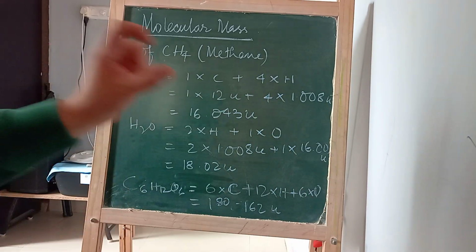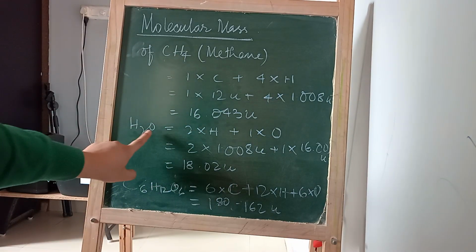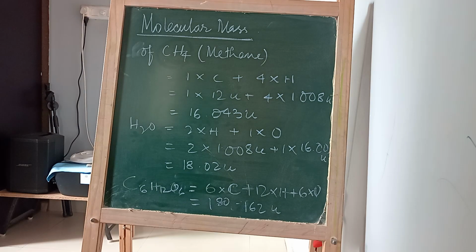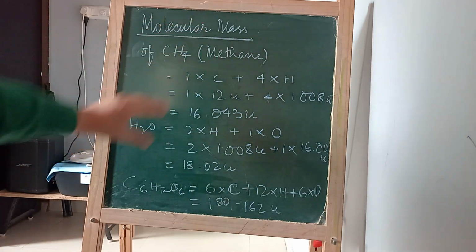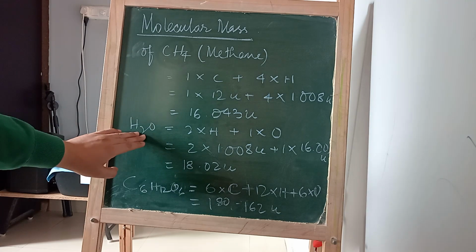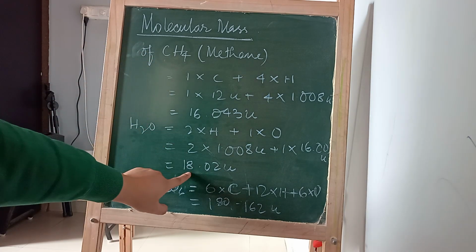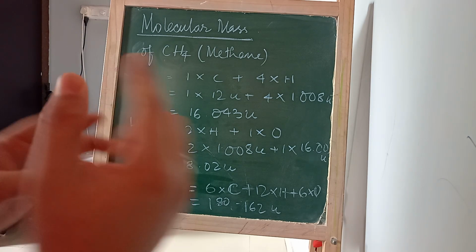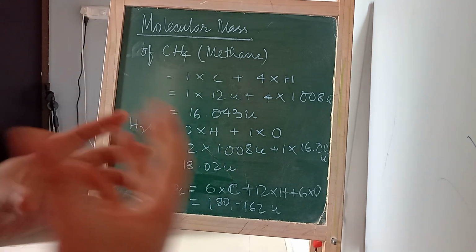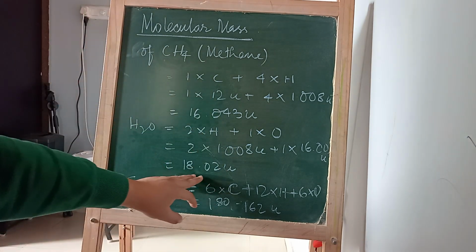And each molecule will contain two atoms of hydrogen and one atom of oxygen joined together. And what will be its molecular mass? The molecular mass of water is 18.02 u. It means the mass of one molecule of water is 18.02 u.